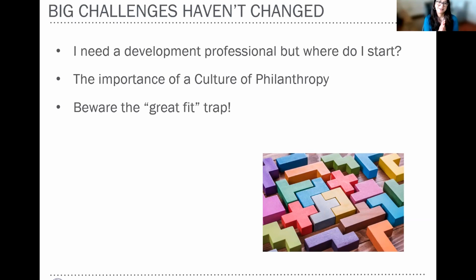We'll just sit back and expect them to raise all this revenue for the organization. Hiring a development director is not going to eliminate the need for the board to be involved with development. And no development director wants to walk into that type of situation.